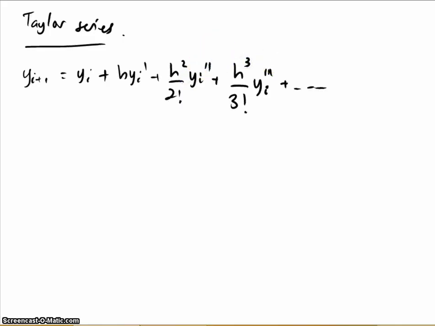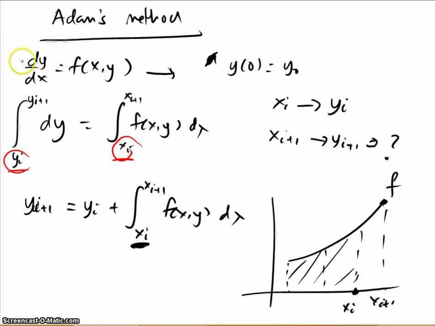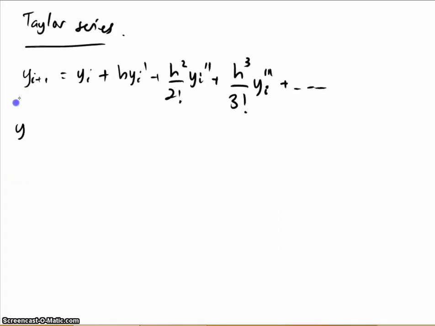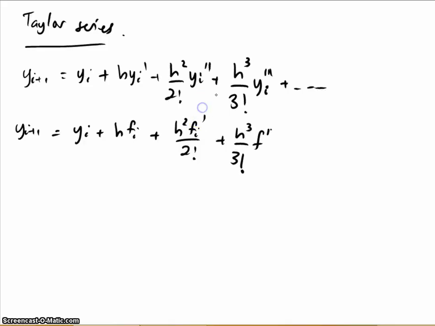Okay, since in my ODE my y' is basically my f, I can also rewrite this as y_{i+1} = y_i + h f_i. So what I've done is I've just replaced my y' with my f, such that my y'' is my f'.